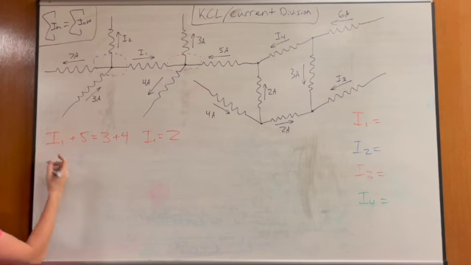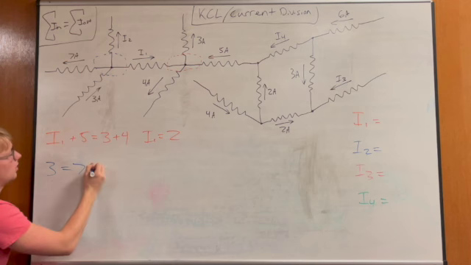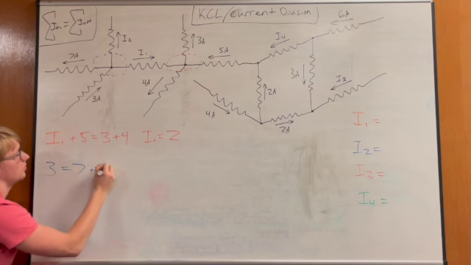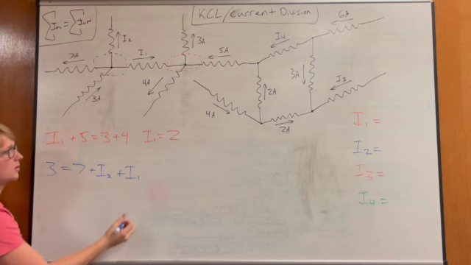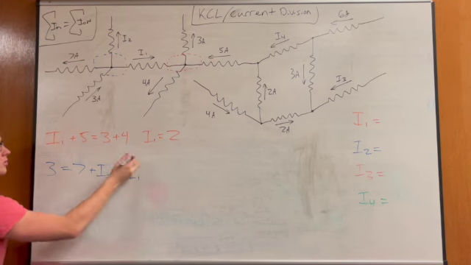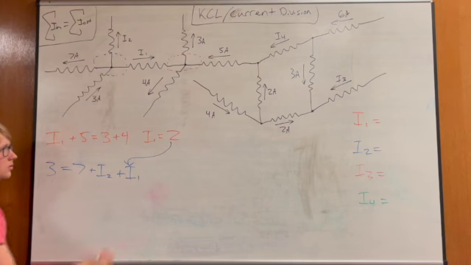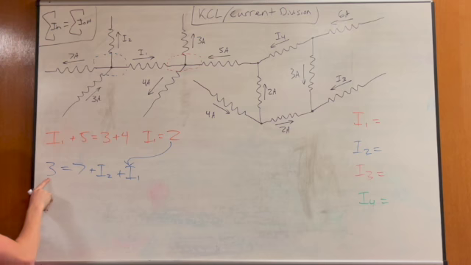The current going out is 7, I2, and I1, right? And I1 is 2. So that means I2 is going to be, so we got 3 on this side and 9 on this side plus an I2. So I2 is negative 7.